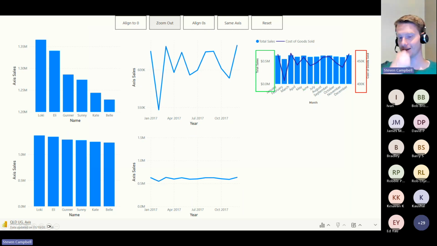They have different axes. I would avoid this at all costs if possible. Two axes really do not make it easy to understand what's happening, because it's very, very difficult to read.